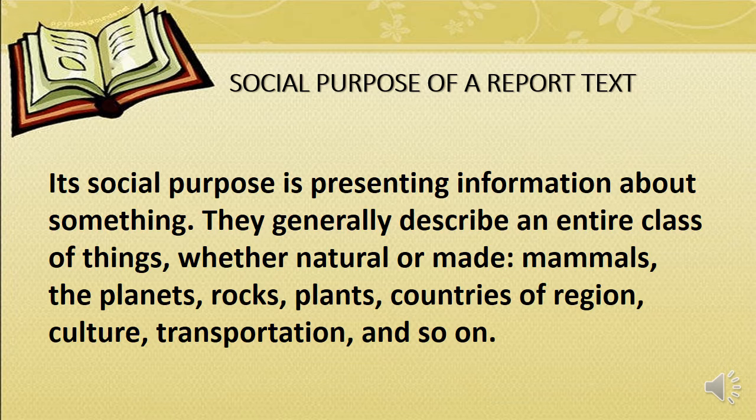Great! Its social purpose is presenting information about something. They generally describe an entire class of things, whether natural or made: mammals, the planets, rocks, plants, countries of region, culture, transportation, and so on.